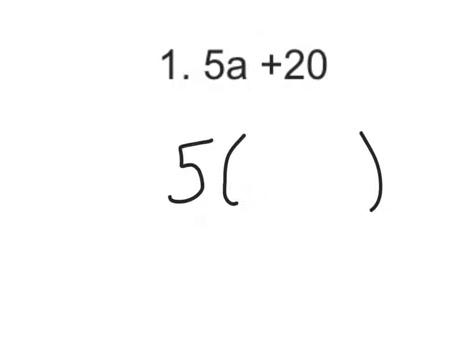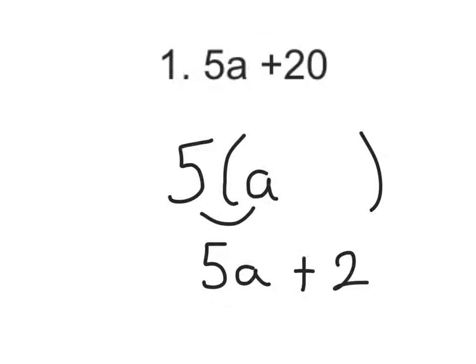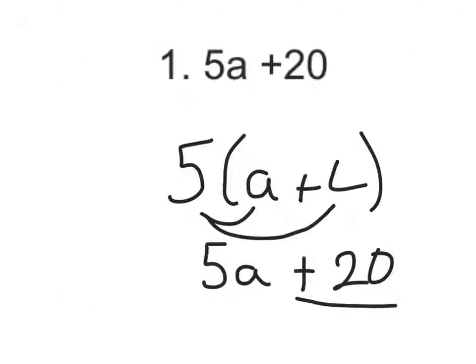So my question now is, what do I multiply by 5 to get the answer 5a? Well, 5 times a is 5a. And now I'd also like 20, so what do I multiply by 5 to get positive 20? That's positive 4. So my answer is 5(a + 4).